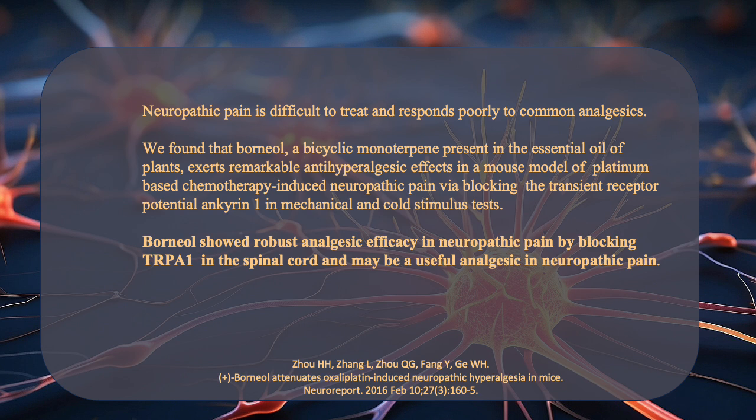The findings indicate that borneol exhibits robust analgesic efficacy in neuropathic pain, specifically by blocking TRPA1 in the spinal cord. This suggests that borneol may be a useful analgesic compound for treating neuropathic pain conditions. This research was conducted by Zhu, Zhang, Zhou, Fang, and Ji, and was published in Neuroreport in February 2016.